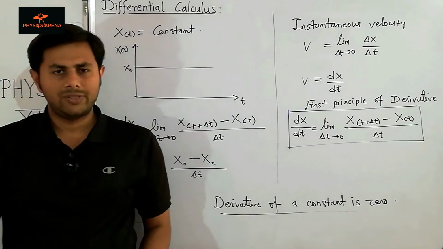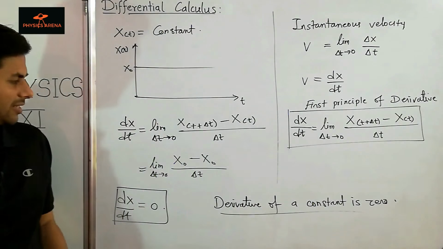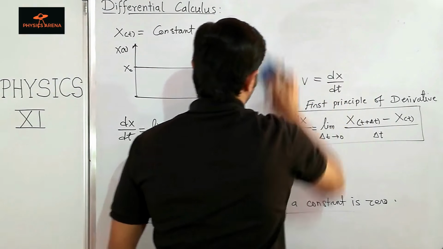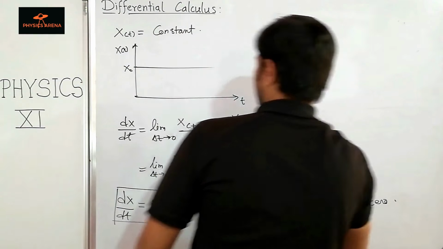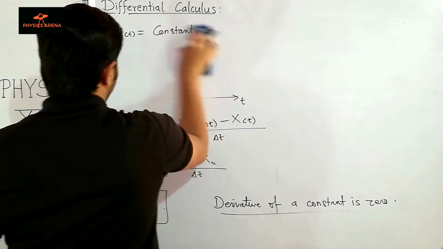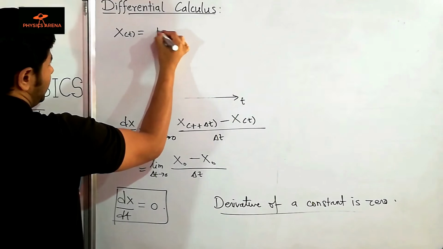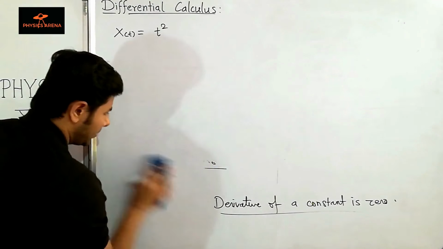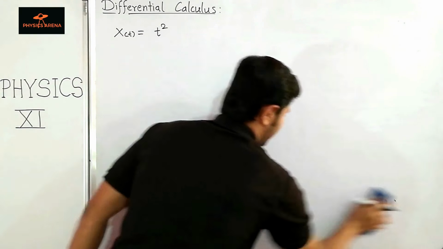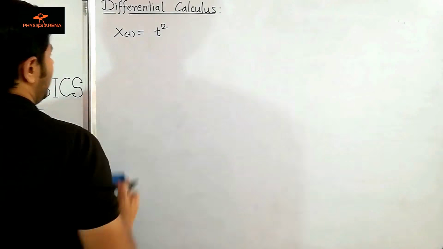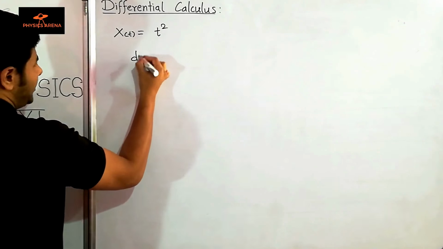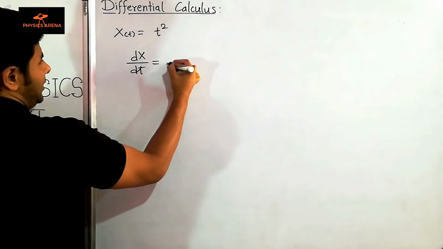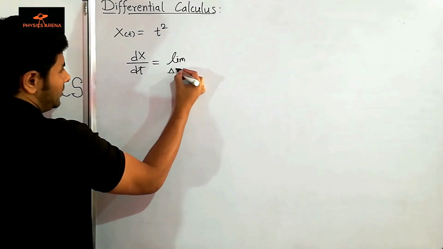That was pretty simple. Let's try the next function. Now suppose x of t is t squared, and I want to find dx over dt. So let's write the definition.